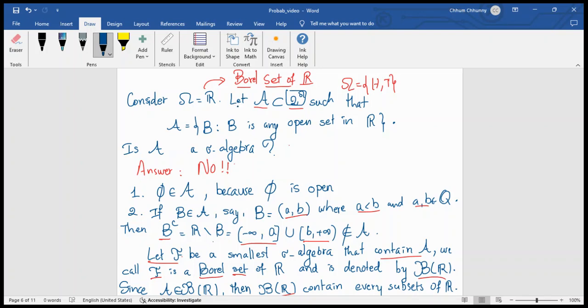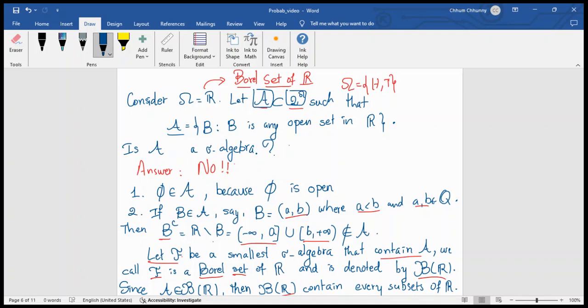We don't know, because we cannot write down the power set, since there are infinitely many elements of R. So instead of working on the whole power set, I start from a subset of the power set that I denote by A, and A is the set of all open sets in R. It means that A contains all open sets in R. And my question is, is A a sigma algebra or not?